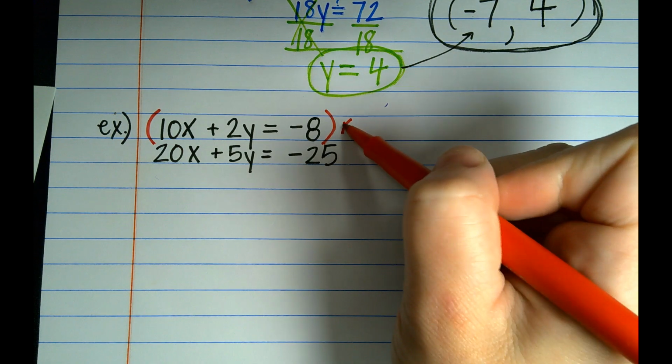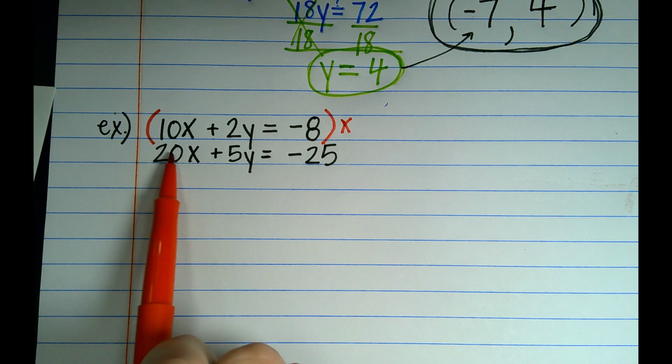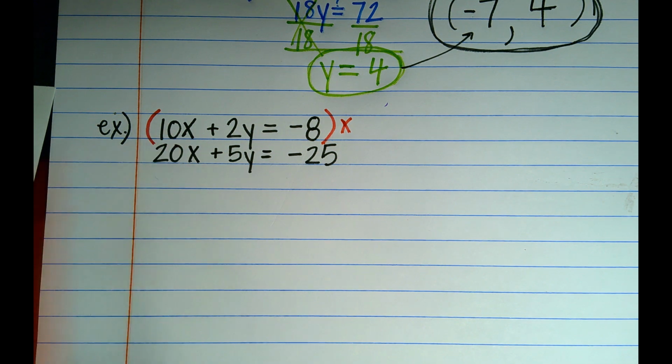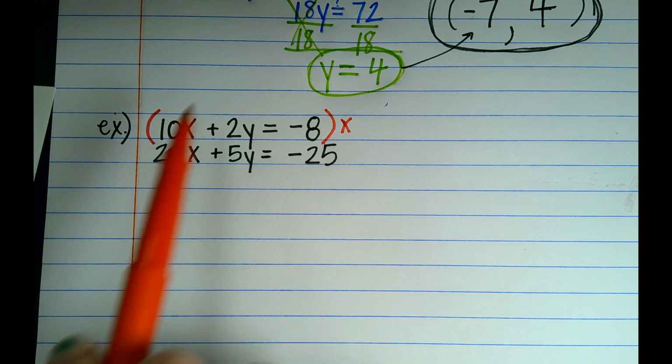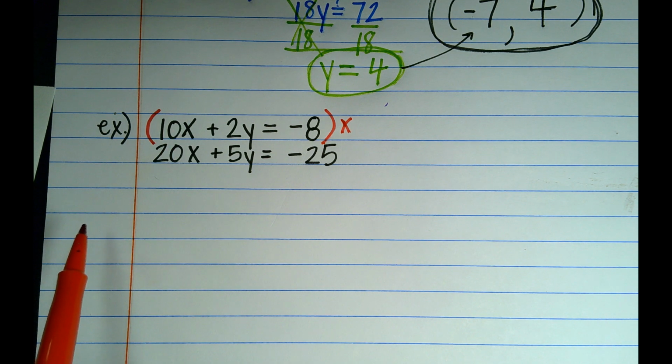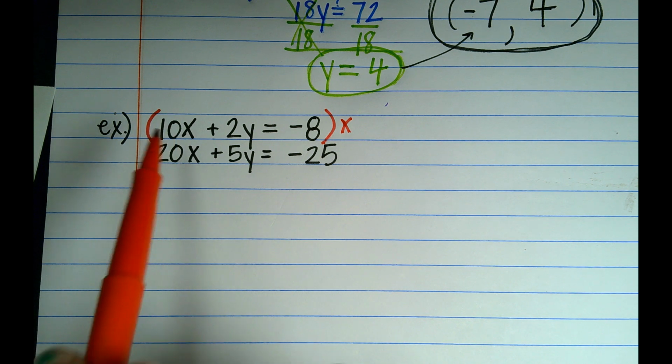And now here's where it gets tricky. If I multiply by 2, I'll have 20x. If I do 20x plus 20x, is that going to cancel my x's? No, that's going to give me 40x. What do I need to do to make them cancel?